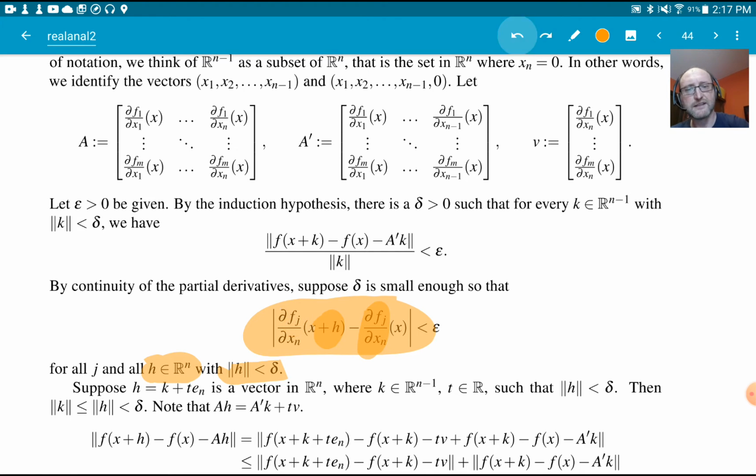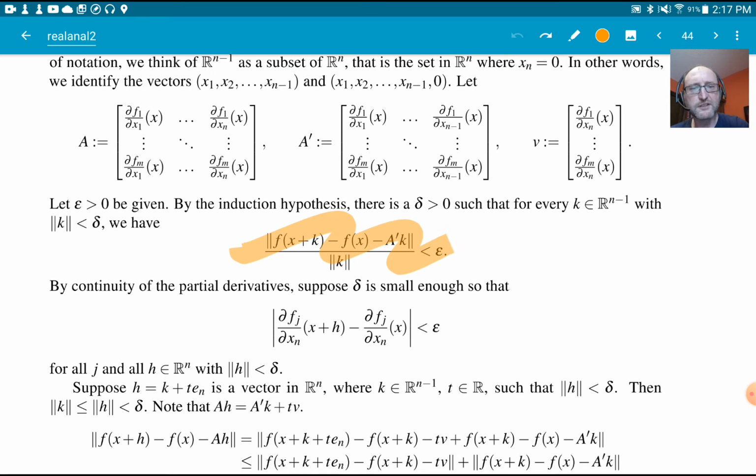There's only finitely many components, so I can just pick the smallest delta that makes that work, and that also makes this work. That's what I'm saying here.